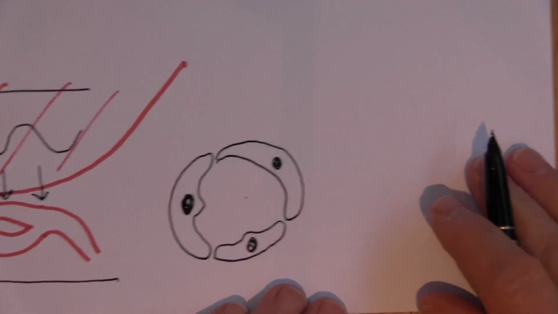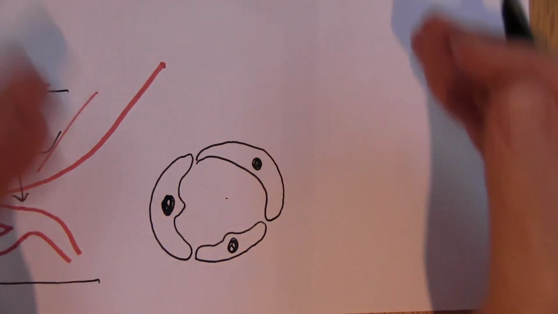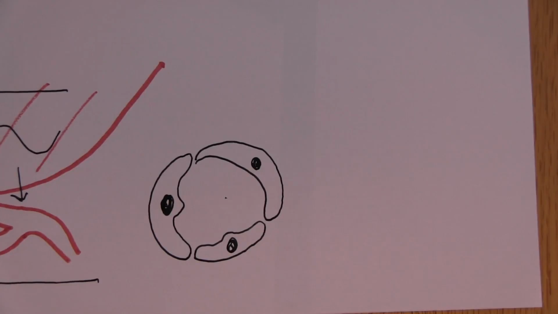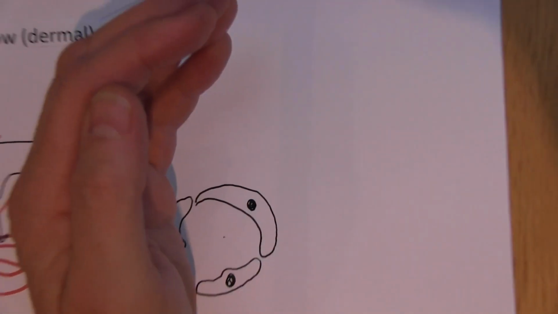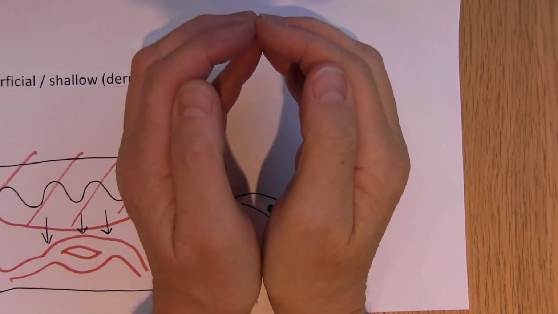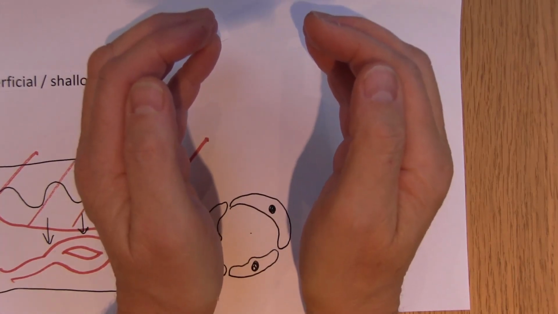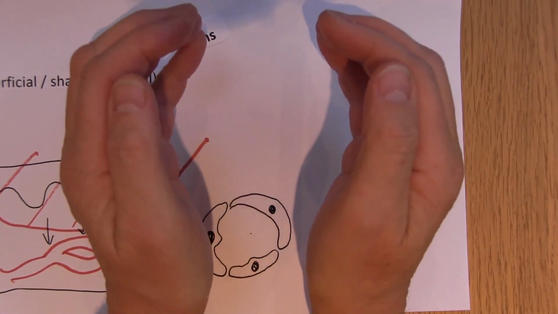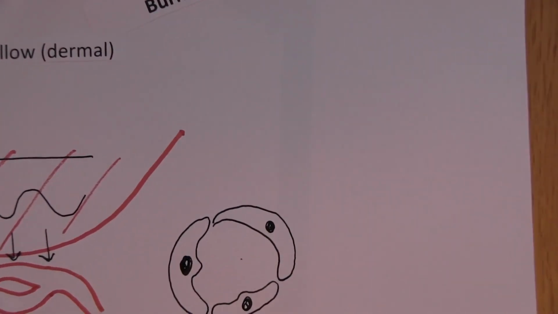What happens in the inflammatory reaction is these vasodilate, they move apart. So if you imagine that my hands are the cells in the wall of the capillary, when they move apart, can you see there's now gaps left in between the cells? And exactly the same thing happens with the inflammatory process.